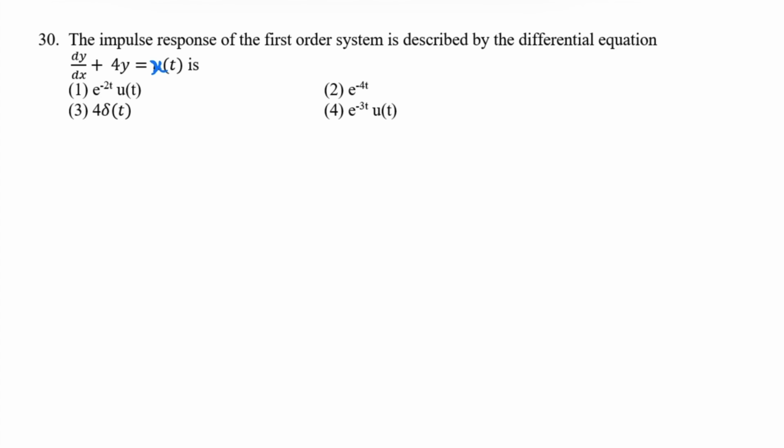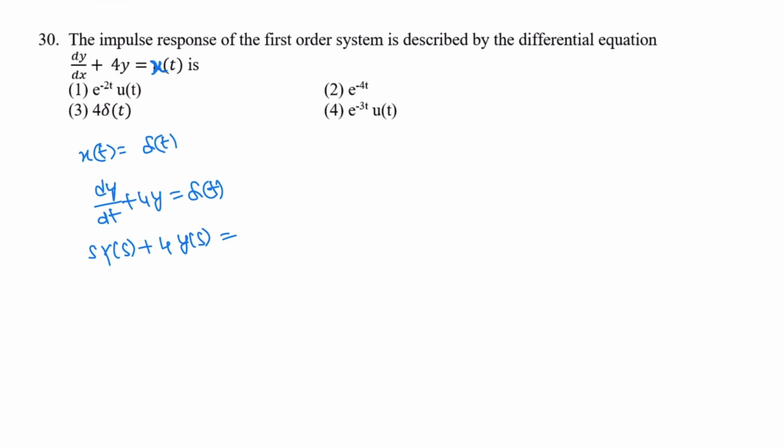Let us assume this is the question. They ask to find the impulse response. So impulse response means input x of t is delta of t. So that is dy by dt plus 4y is equal to delta of t. Apply Laplace transform on both sides. So s into Y of s plus 4 Y of s.